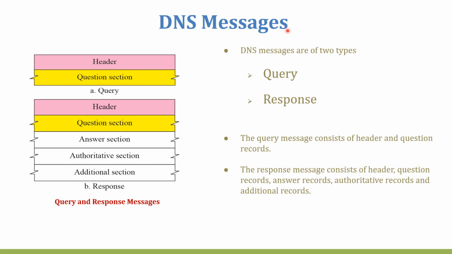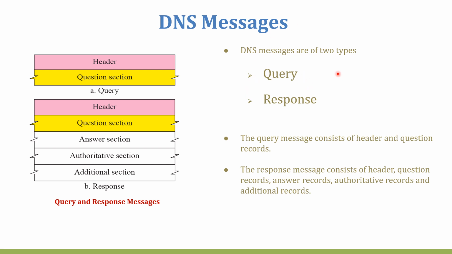DNS messages. In the Domain Name System, communication between clients and servers occurs via DNS messages. These messages are exchanged in two types, queries and responses. Both are formatted similarly and carry the necessary information for name resolution. Types of DNS messages.